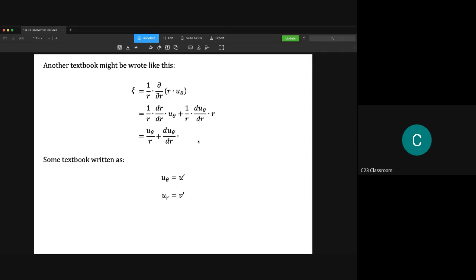In some textbooks they will give you u prime and v prime. So please be careful when you do revision from other textbooks. Sometimes they give you another form, but it is not a wrong equation.